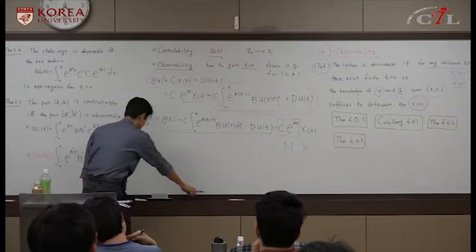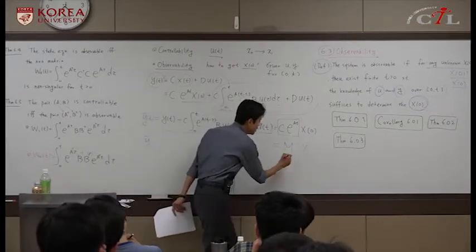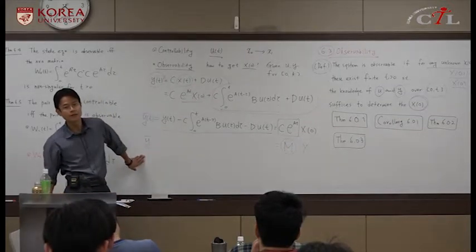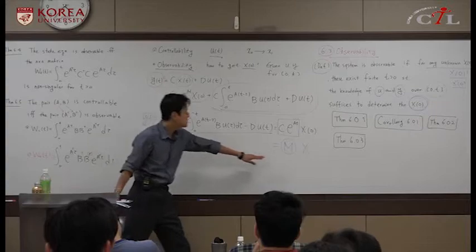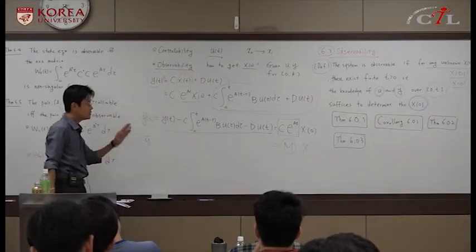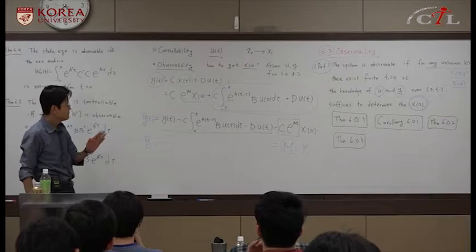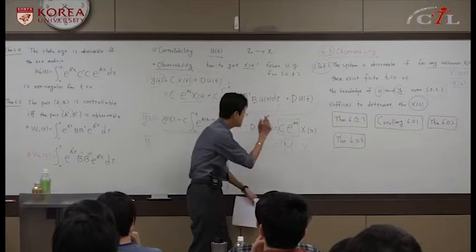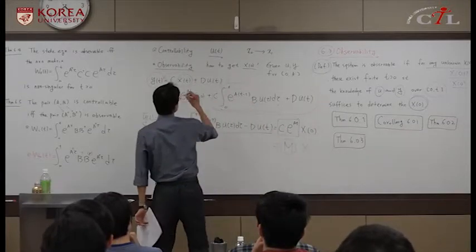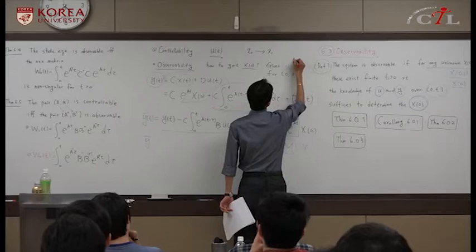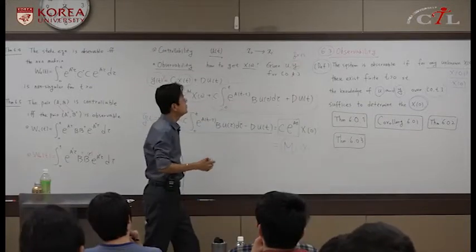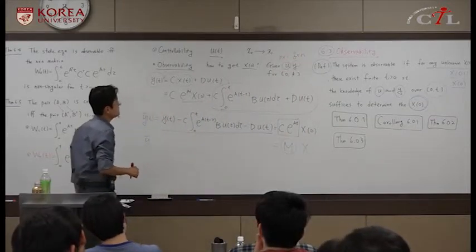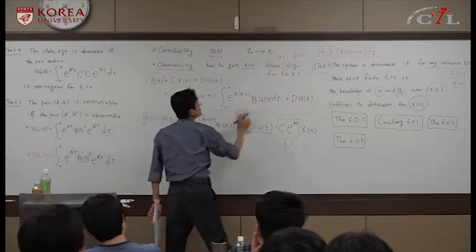So, if M is non-singular, then x is straightforward, M inverse y bar, right? If this is non-singular, x can be uniquely determined. But in general, if I think about dimensions, y is q by 1, u is p by 1.